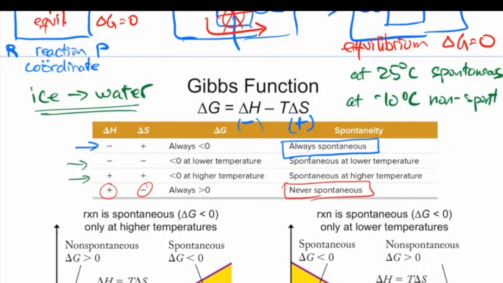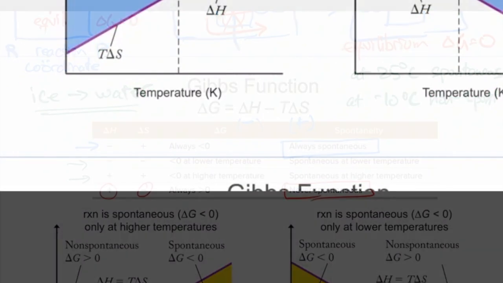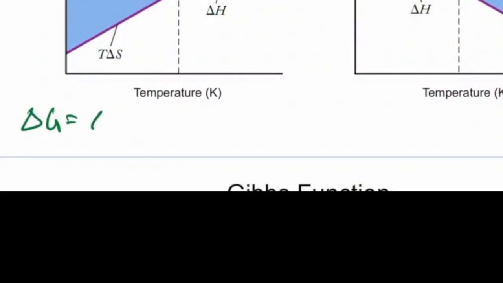Remember that discussion? So that's a perfect example. We can actually calculate the temperature at which it changes from being spontaneous to non-spontaneous. That's all built into this equation. Delta G is equal to delta H minus T delta S.